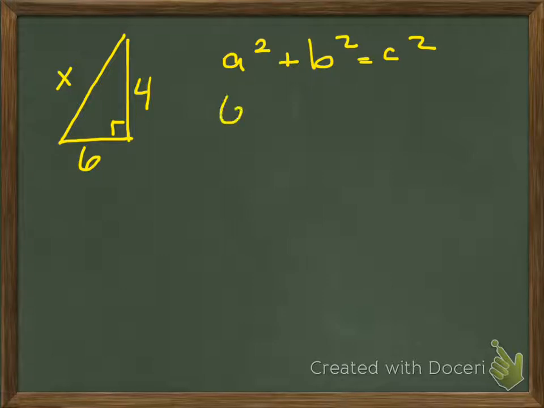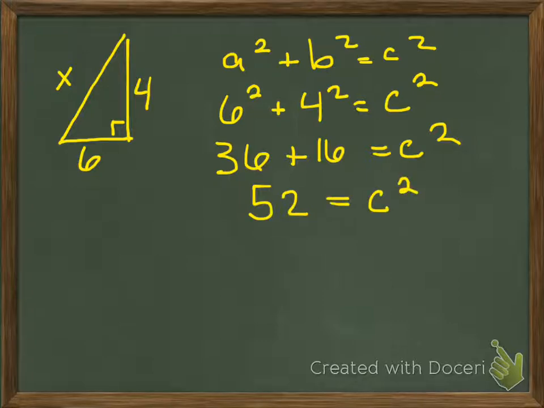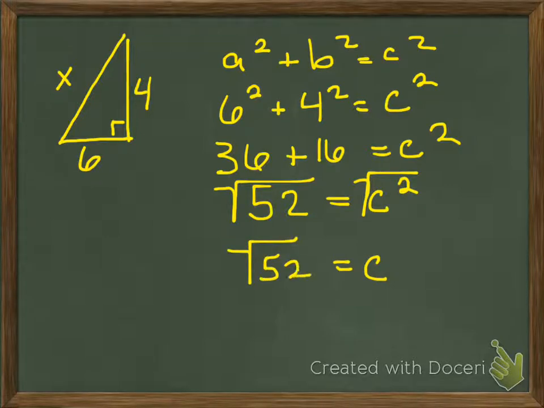So a is 6, so 6 squared plus 4 squared equals c squared. 36 plus 16 equals c squared. 36 plus 16 is 52 equals c squared. Now remember, when you want to find c, you take the square root of both sides. So that means that c is equal to the square root of 52.